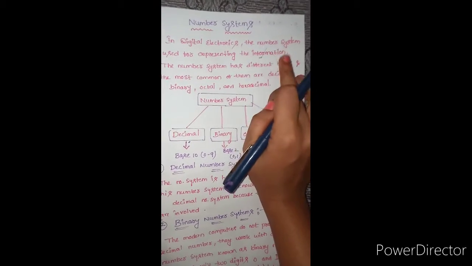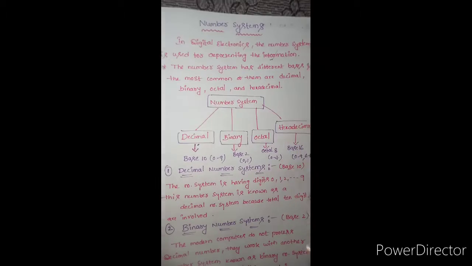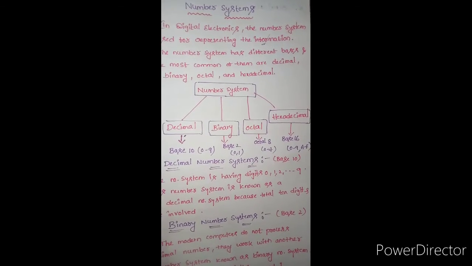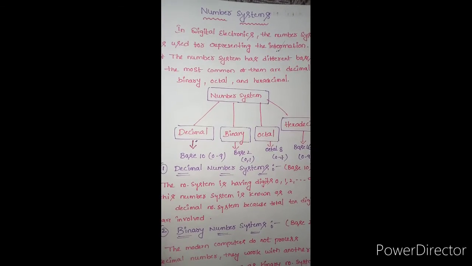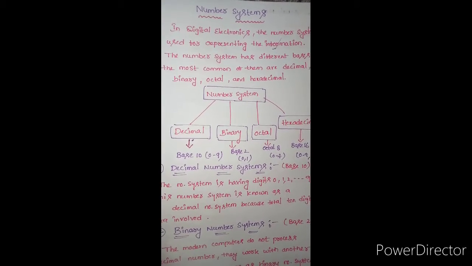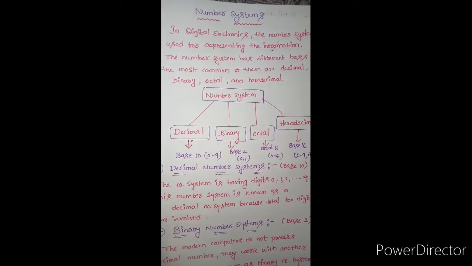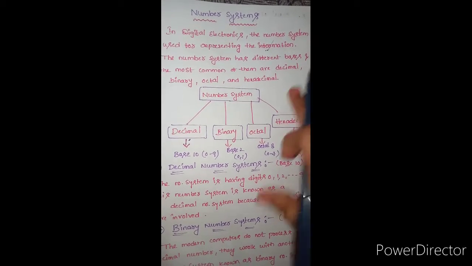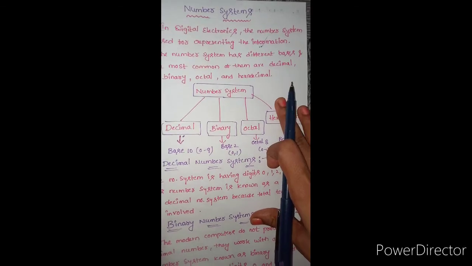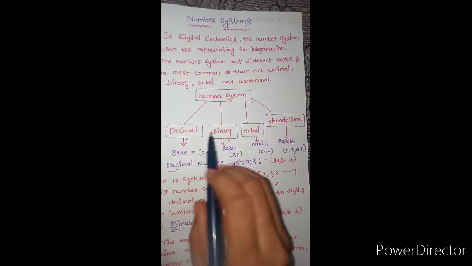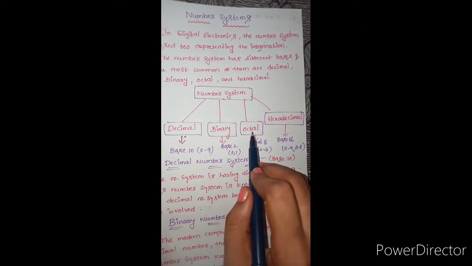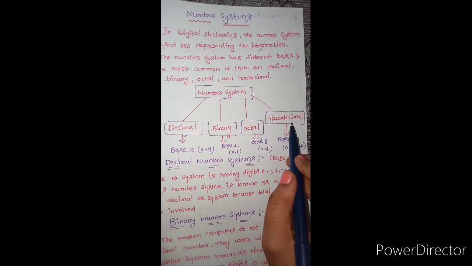The decimal number system is used to convert to the binary number system. The number system has different bases, and the most common number systems are decimal, binary, octal and hexadecimal. Coming to the types of number systems: decimal, binary, octal and hexadecimal.